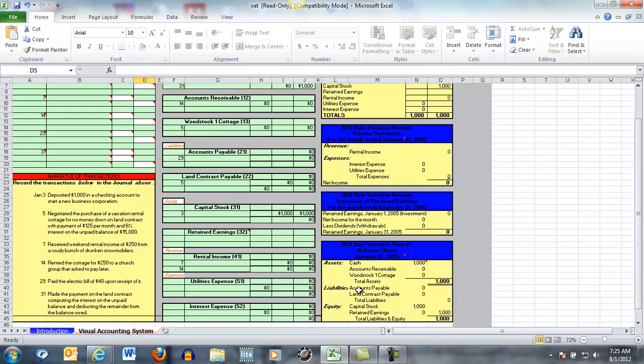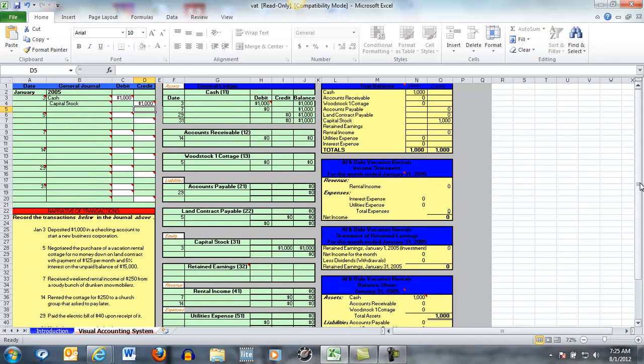Smallest little business to the largest business can use accounting because we can expand it to meet the needs of any accounting needs of any corporation or any entity. So that's a quick overview. If you walk through this, it'll help you, I think, understand the big idea, and then as you walk through the course, we're taking it one step at a time to build our understanding of how the total process works.